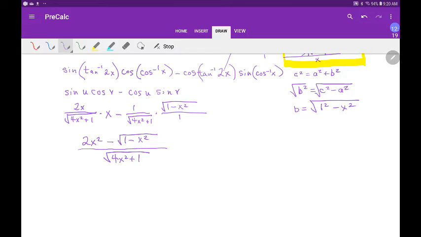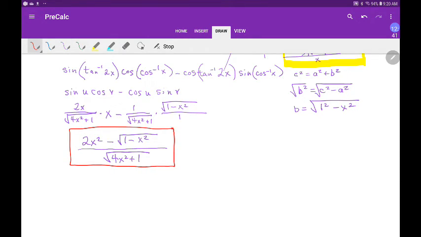And then I think to myself, I know I should really get rid of that radical on the bottom. I should. But you get the idea, right? That's the idea. Okay?